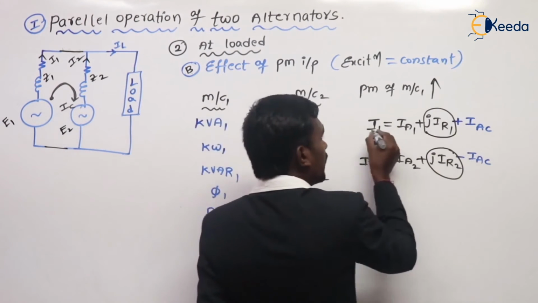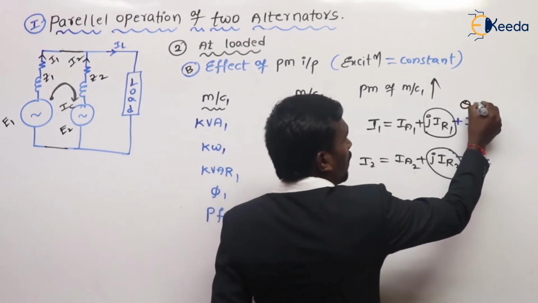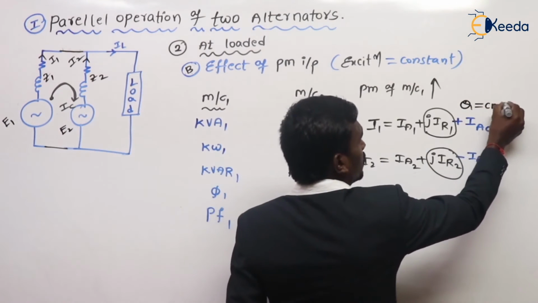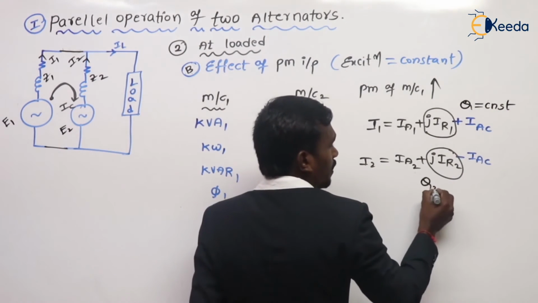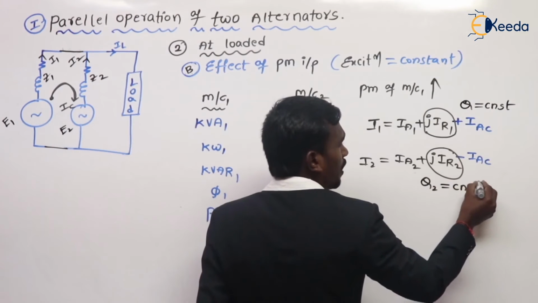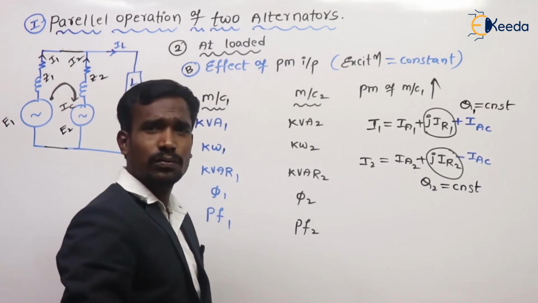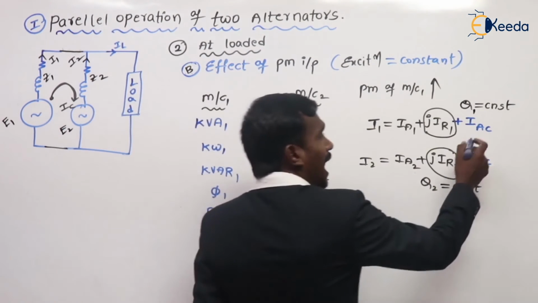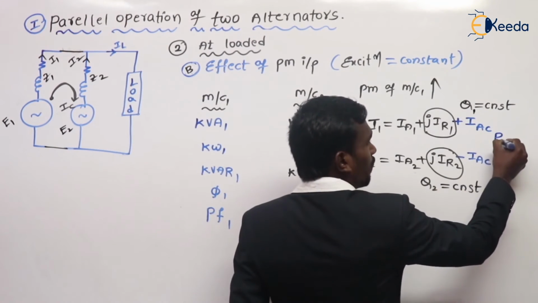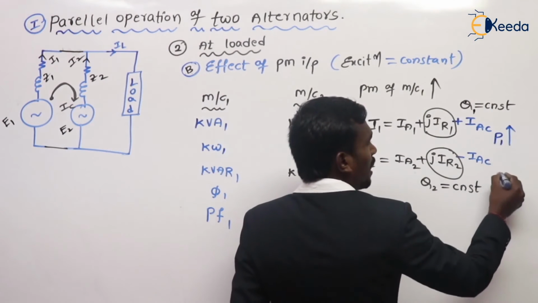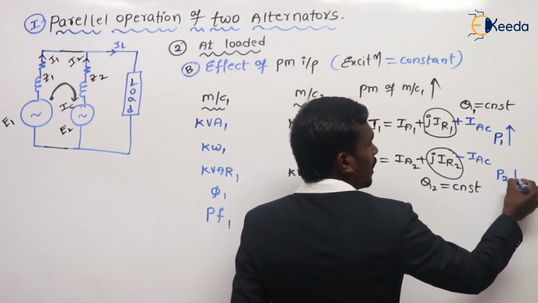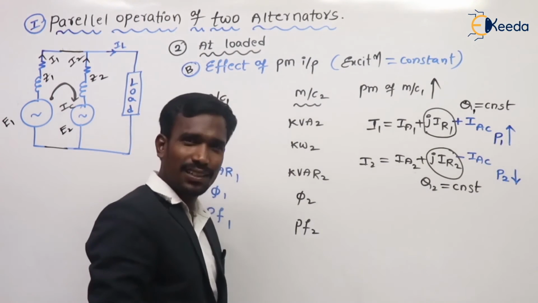Here the reactive powers are constant for machine 1 and machine 2. But here the active component of machine 1 increases and the active component of machine 2 is subtracted.